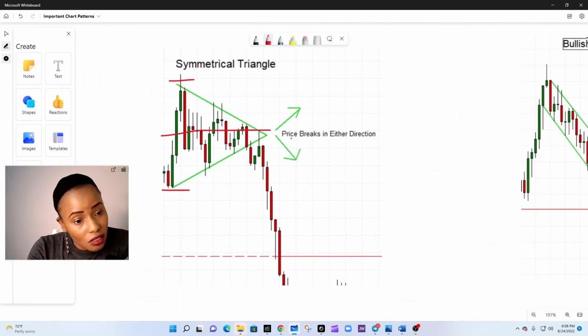This is usually a very common chart pattern, and it can break in either direction. Since it's symmetrical, it may break in either direction.